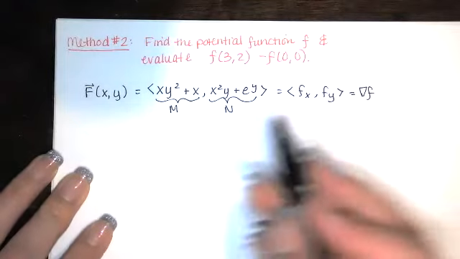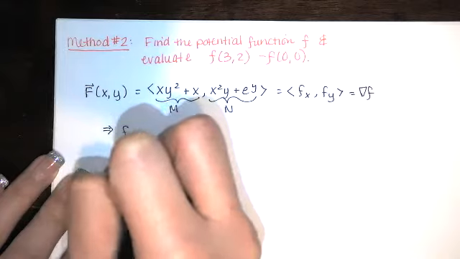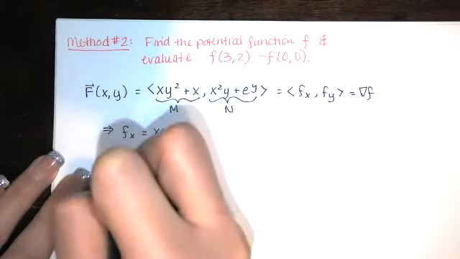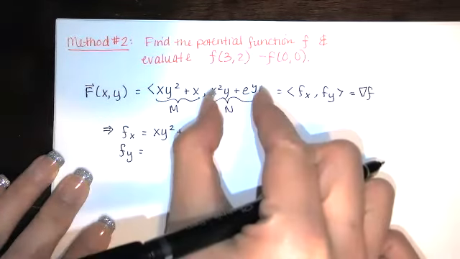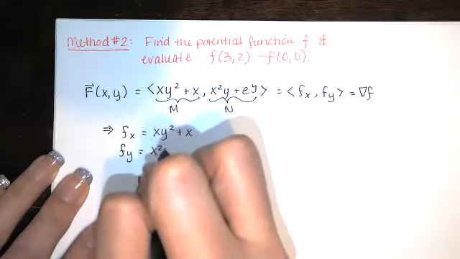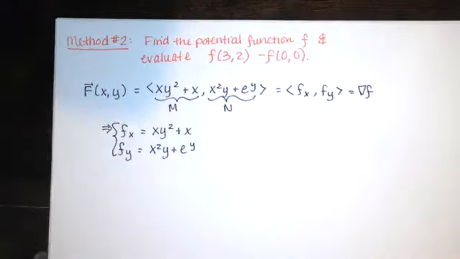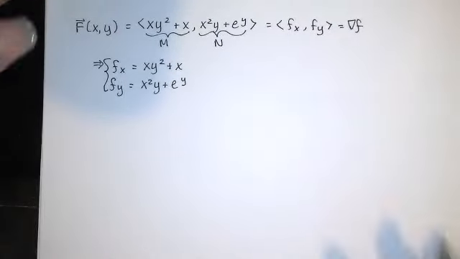The only way these two vectors are equal is if the components are equal. So the partial of f with respect to x must be xy squared plus x. And the partial of f with respect to y, that's the y component of this, must be x squared y plus e to the y. Now I can use those two pieces to recover f partially, and then I can compare them to each other and figure out what f is in general.